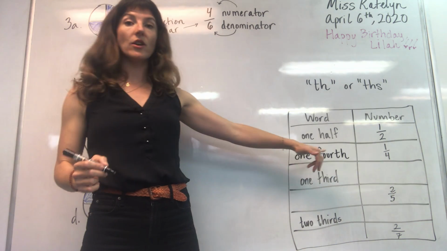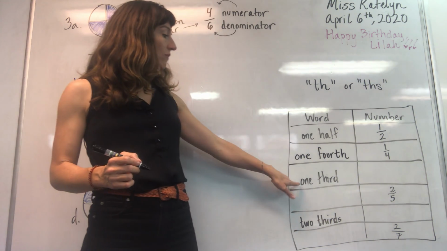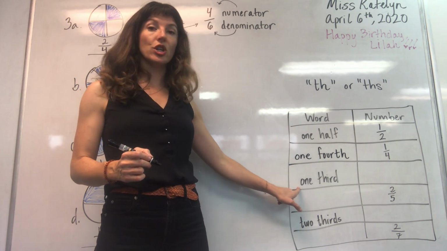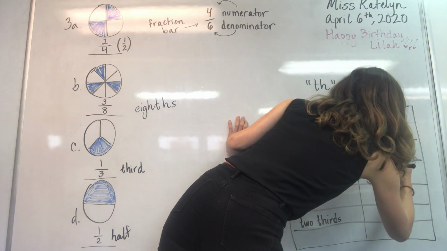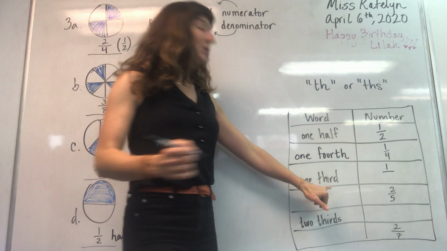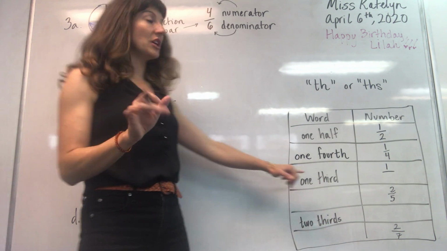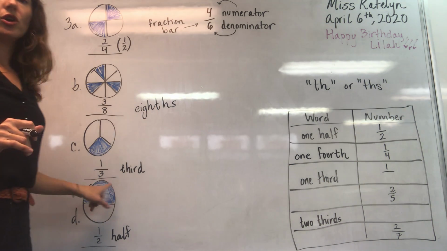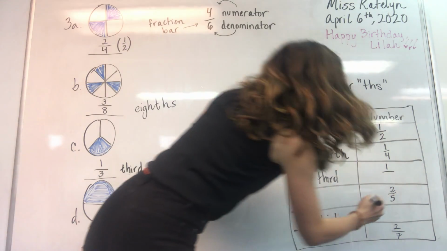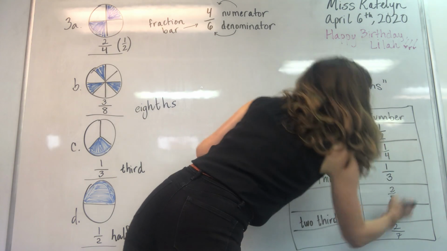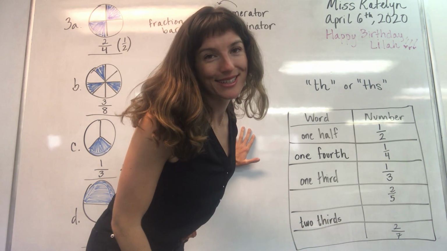Okay, this is 1/4. Here we have 1/3. The first word is your numerator, so put that on top. The second word is your denominator, and we know that third is a special word for when they have the number 3 on the bottom. Okay, so that's our denominator. I have to start memorizing that.